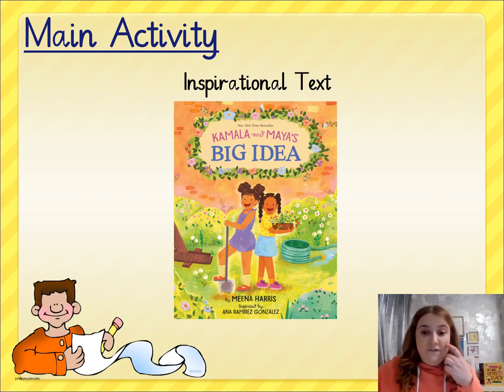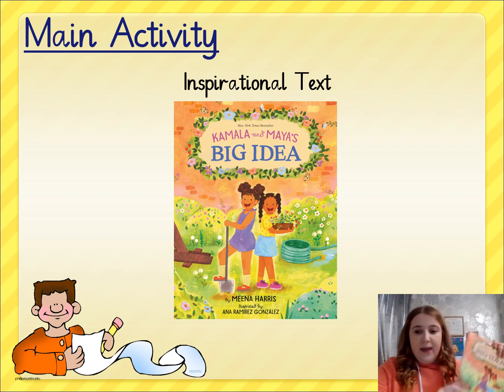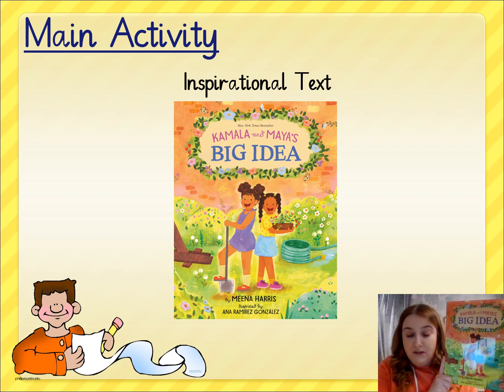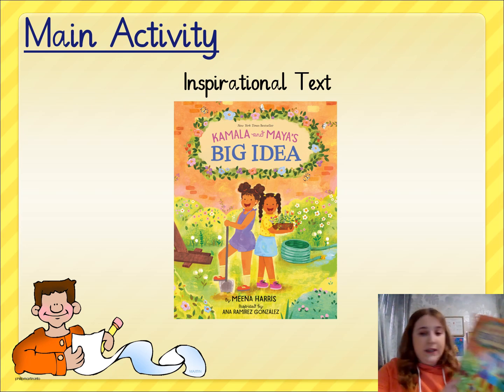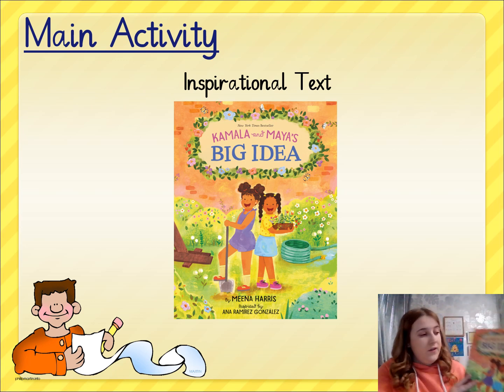Now, I found a brilliant text for us to look at this week, an inspirational text, and I've got it here with me now, and I'm showing you a picture of it up on the big screen. So the inspirational text is called Kamala and Maya's Big Idea. And it's a story of 2 little girls, and they're on the front cover.